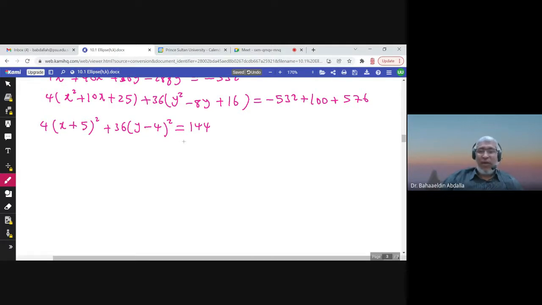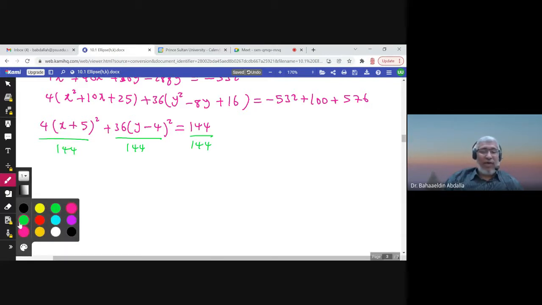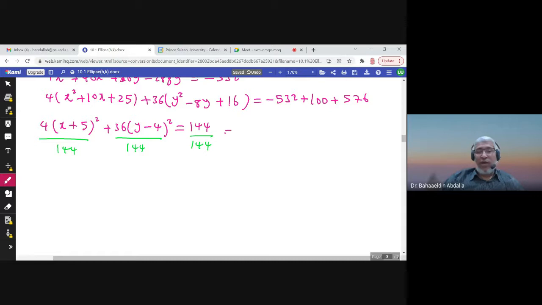If you remember, we divide by 144 now to change it to the standard form. When I divide by 144, I will get (x plus 5) squared over 36, and 4 over 144 is 1 over 36.